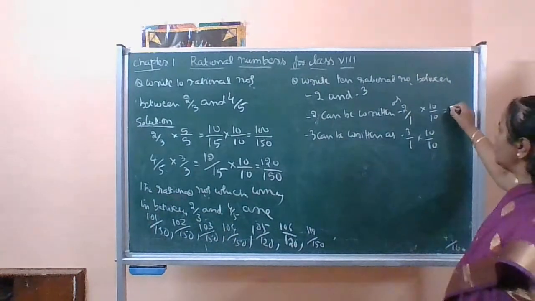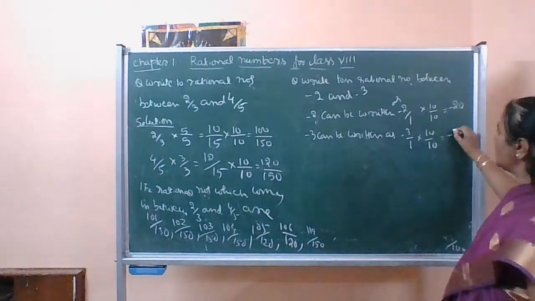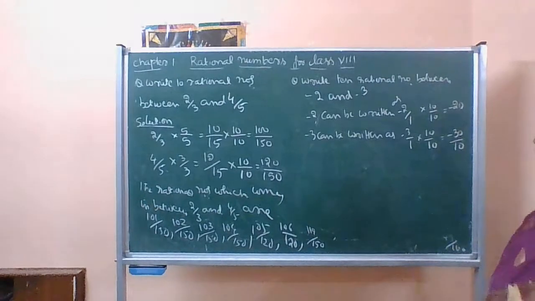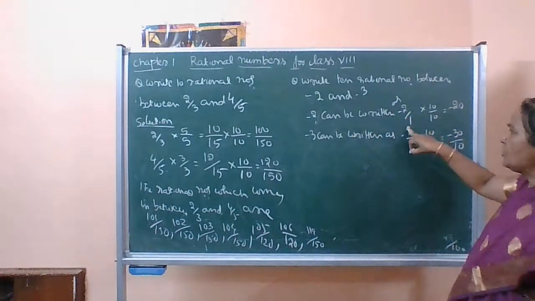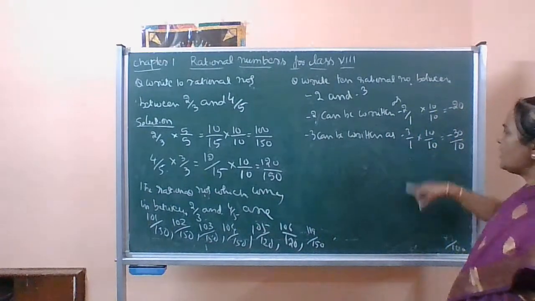Now what happens? 10 twos are 20, so -20 by 10, and here -30 by 10. So you understood, -2 can be written as -2 by 1, and -3 as -3 by 1.